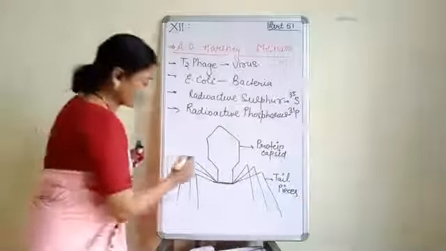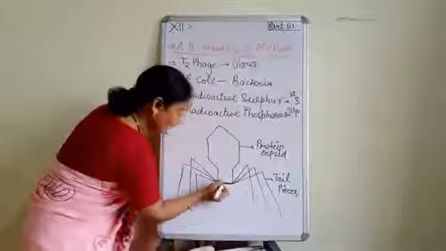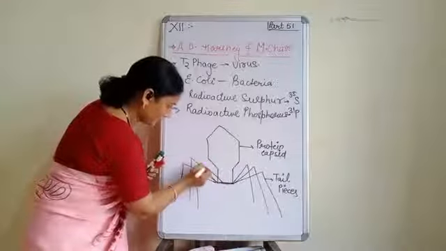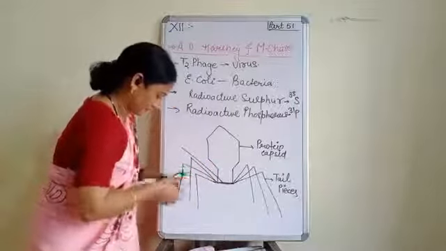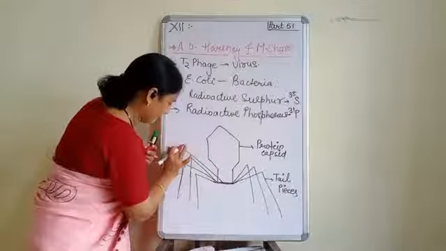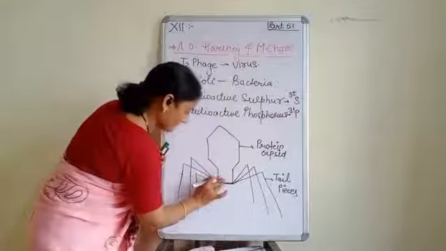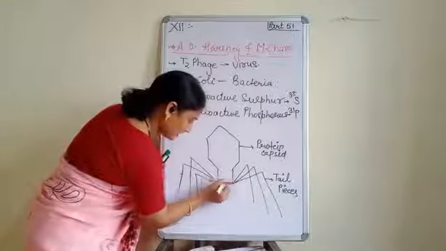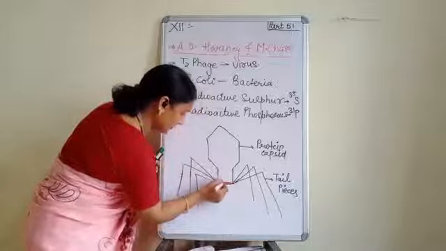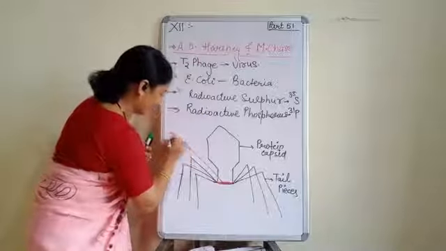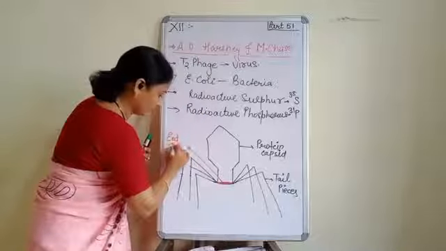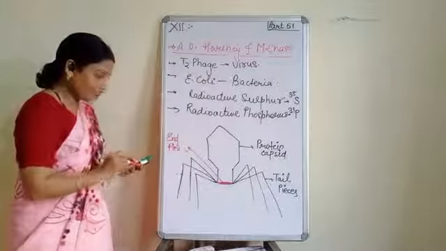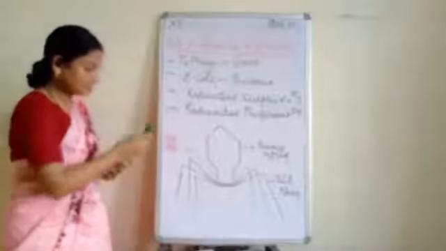Clear? Then this is your end plate. Let it be with this only. Let me mark it like this. This is the end plate. Okay. Protein capsid, tail piece and end plate.